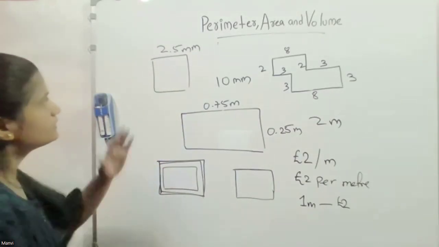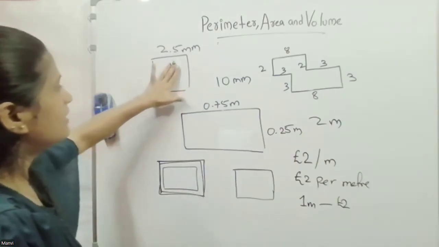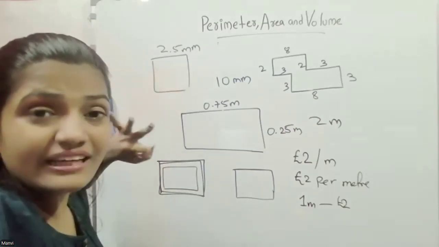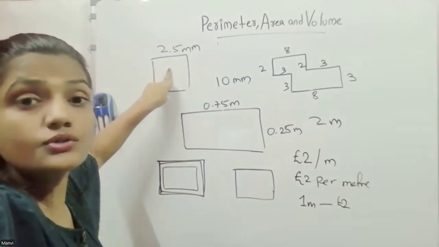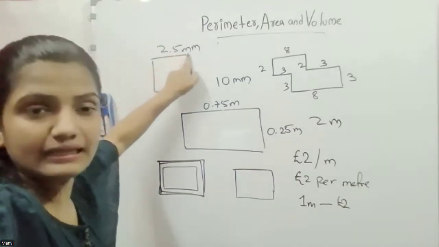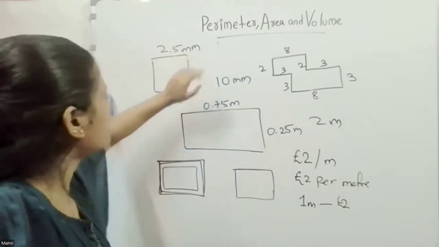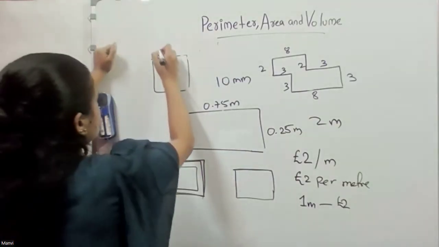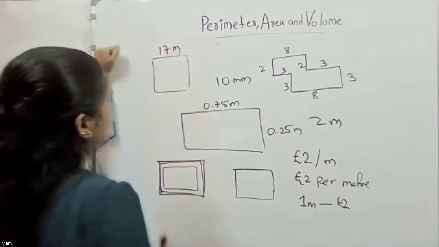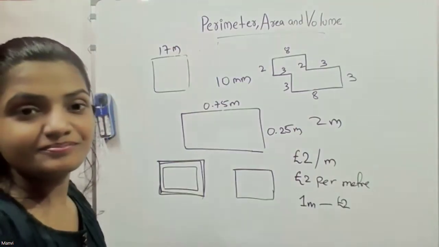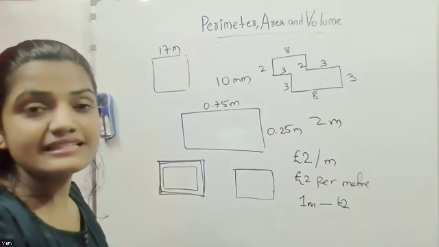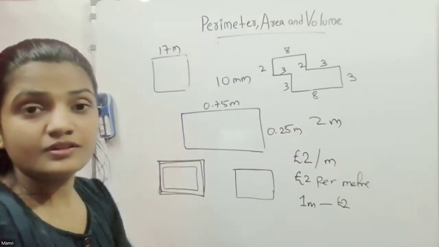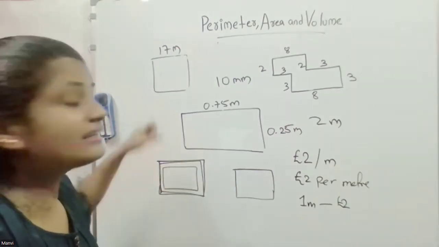Okay, now a question based on this figure. A runner completes 3 laps in this square field whose side length is 17 meter. One lap equals what?